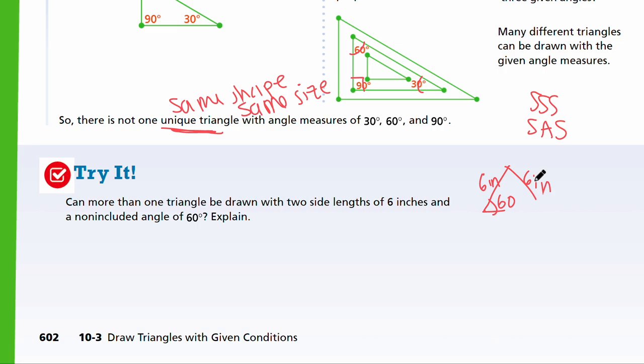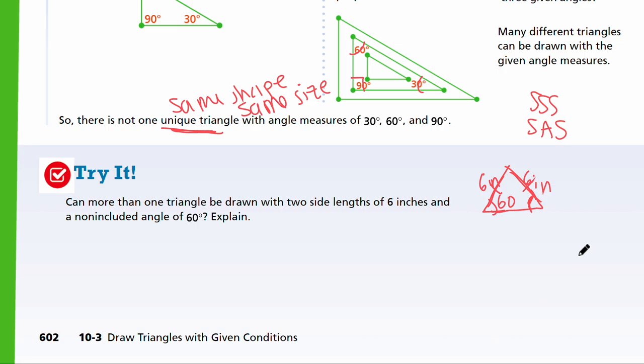Okay, are we ready? So this is a special case. When we have 2 equal sides, even though this is not an included angle, what do we know? Because this is 6 and 6, and that's 60 degrees, this is an isosceles triangle. Even if we have it this way, the base angles must be the same.